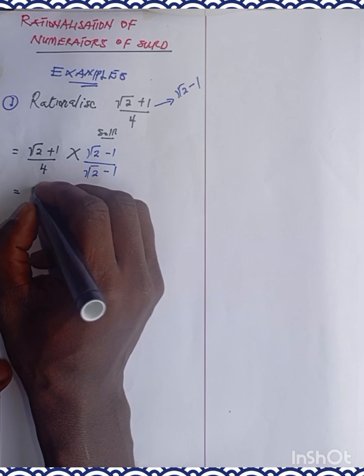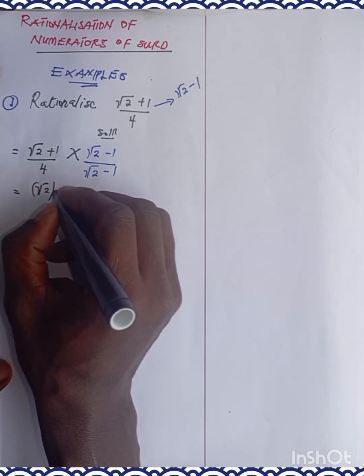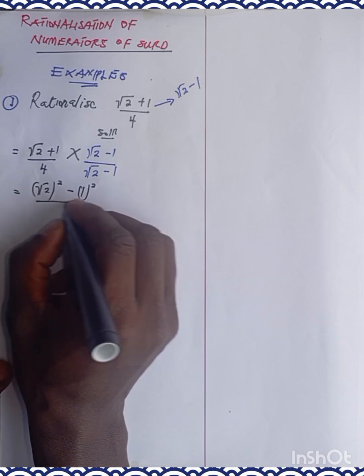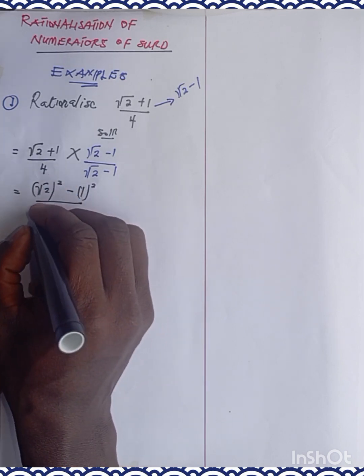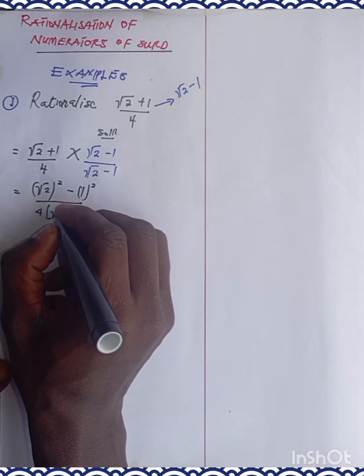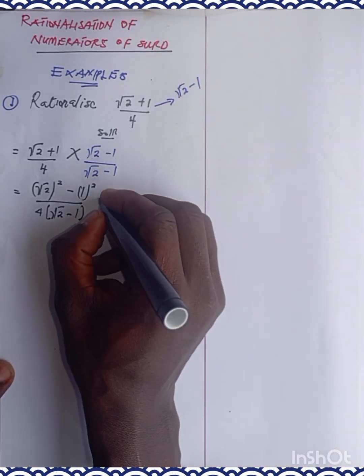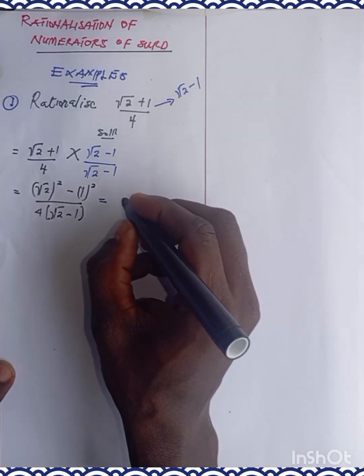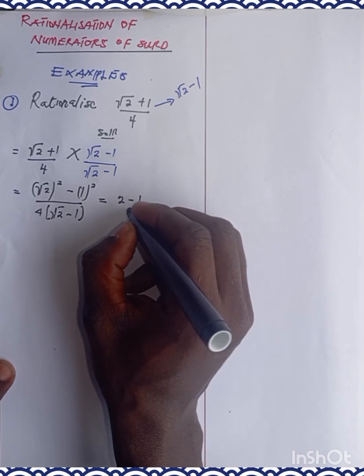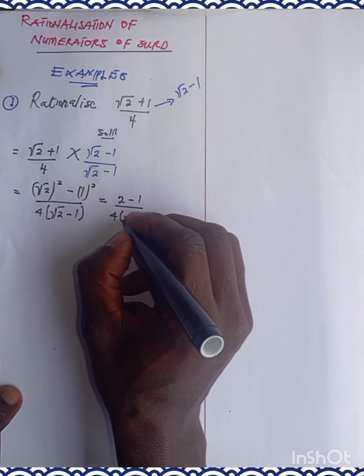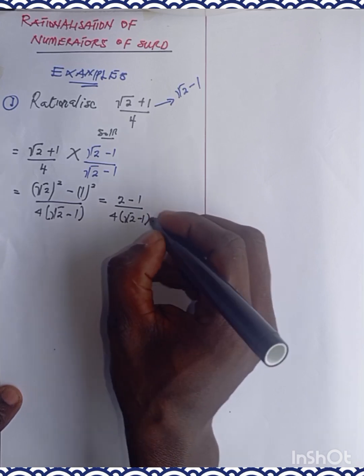So we are going to get root of 2 all squared minus 1 all squared, all over 4 times root of 2 minus 1. We are going to get 2 minus 1 all over 4 bracket root of 2 minus 1.